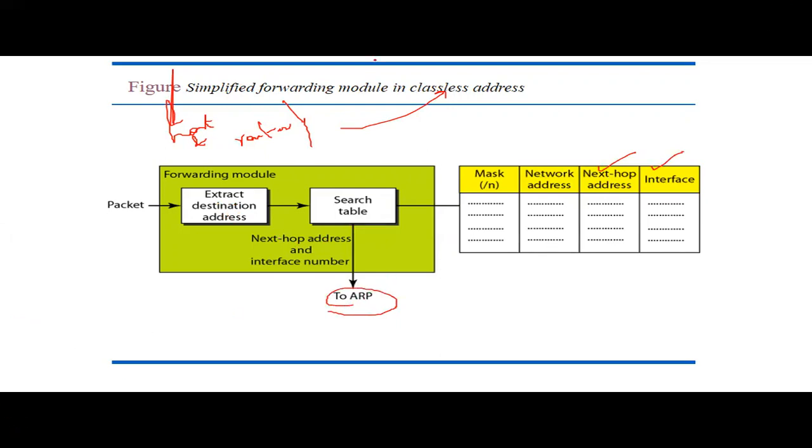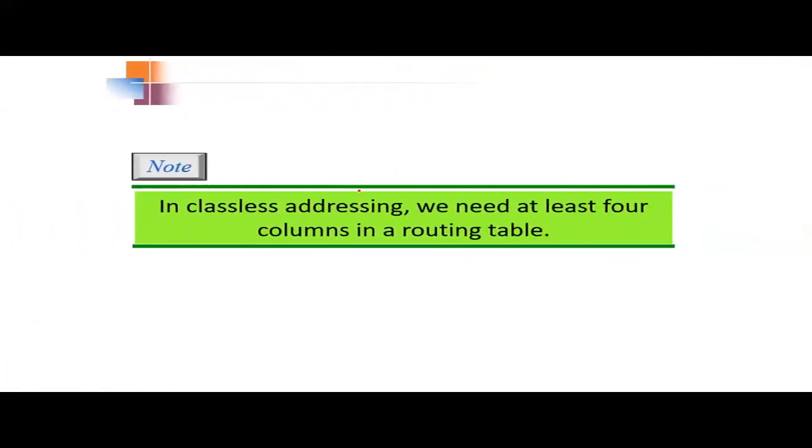So here, we will see an example. In classless addressing, we need at least 4 columns in the routing table: the mask, the network address, the next hop address, and the interface, where the interface column says which interface the router is connected through. Now, let's see an example.